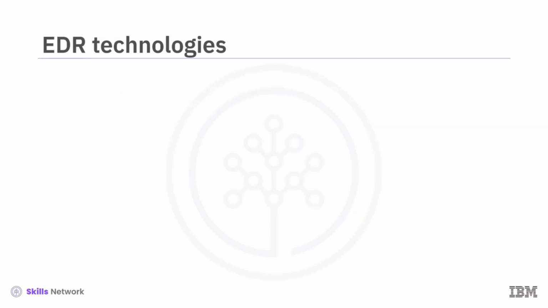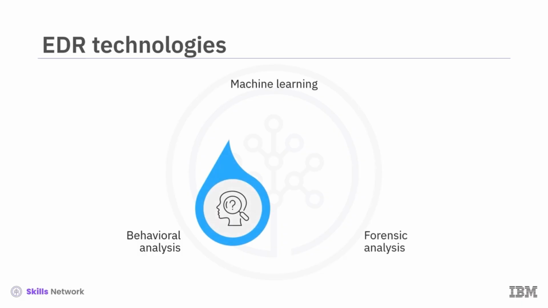To accomplish these capabilities, EDR systems also use behavior analysis, machine learning algorithms, and forensic analysis. Behavioral analysis supports monitoring and analyzing endpoint behaviors to detect deviations from normal patterns. This technique helps identify previously unknown threats by recognizing suspicious activities.